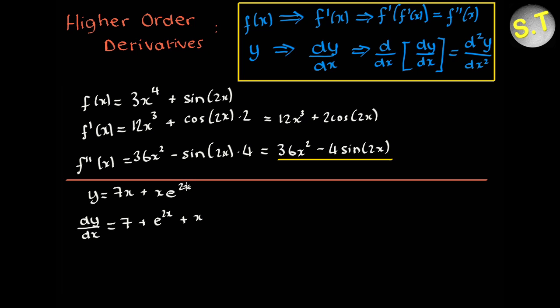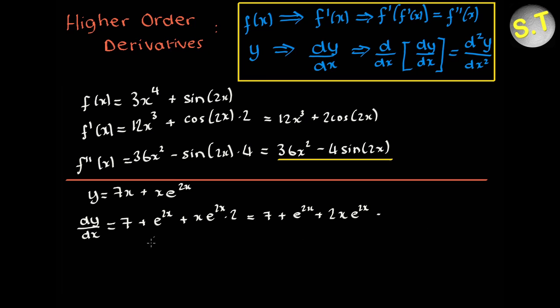So the derivative of e to the 2x is e to the 2x, and using the chain rule, we need to times by the derivative of what's in here, so times 2. So we're left with 7 plus e to the 2x plus 2x e to the 2x.